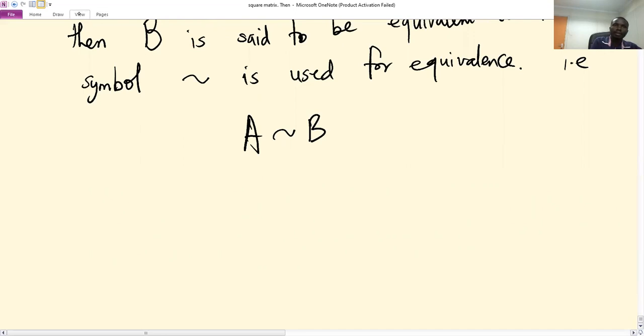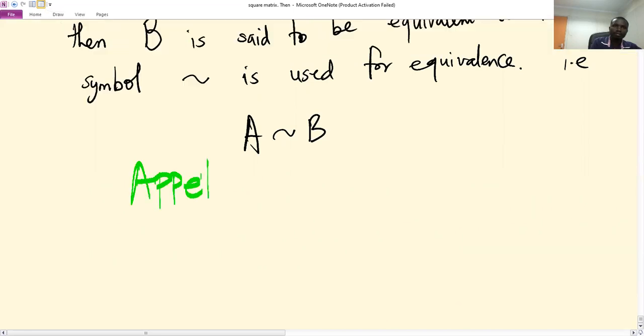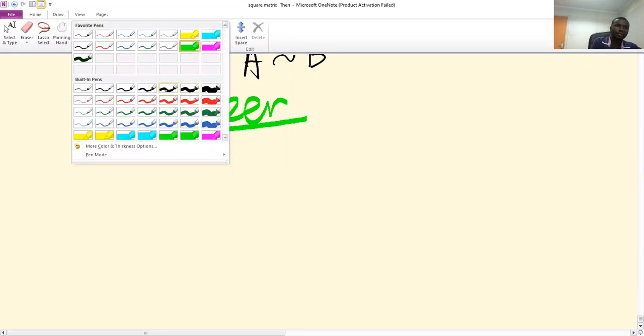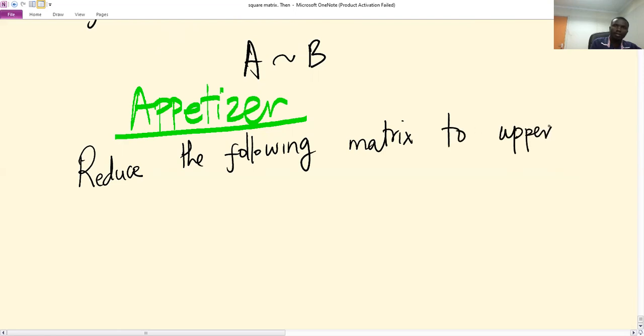As an example, here's an appetizer. Reduce the following matrix to upper triangular matrix, or to upper triangular form, or what we call the echelon form.